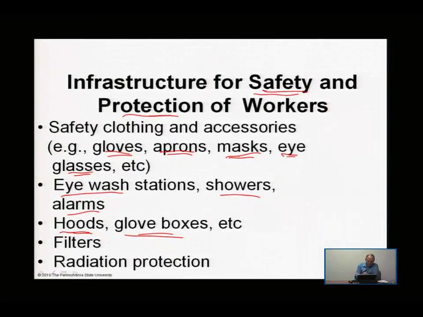And the infrastructure, of course, is made up of filters, both to clean the air, to clean the environment, but also to make sure that particulates are taken out to protect the humans. And of course, there has to be radiation protection for the humans around different kinds of equipment. We'll talk about that more as we get into equipment, but you have to make sure the infrastructure protects the workers from any radiation sources.